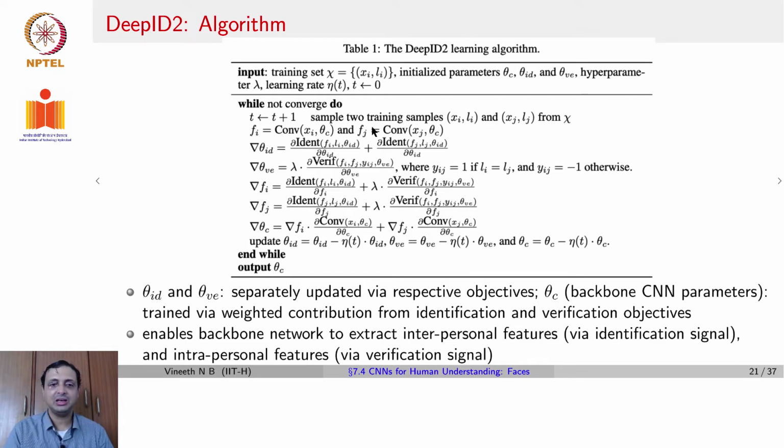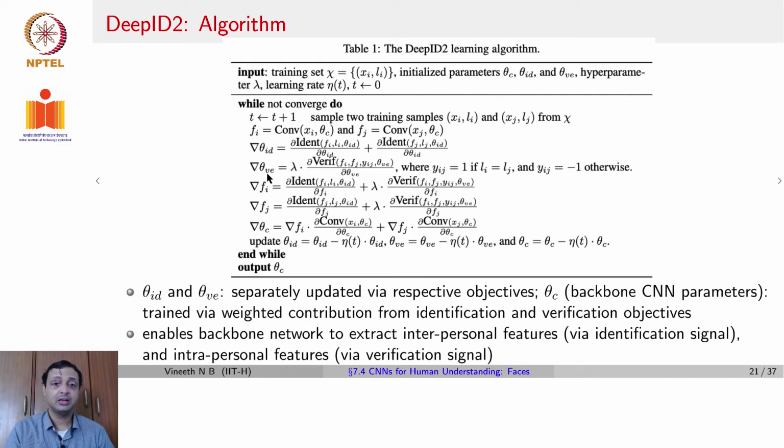This backbone CNN is parameterized by weights theta c. Now the gradient of theta identification is given by dou identification loss, that's your cross-entropy loss, of Fi, Li, theta id with respect to theta id, plus dou identification or cross-entropy loss, Fj, Lj, theta id by dou theta id. So in this case, you are using the cross-entropy loss for both Fi and Fj.